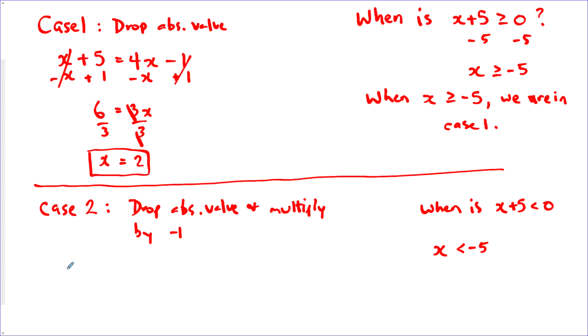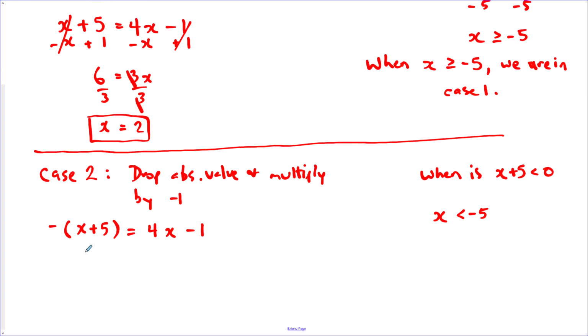Now, we just drop the absolute value brackets like we did before, but we need to multiply by negative 1. And that's because x plus 5 was returning negative, and we need to multiply it by negative to cancel that out so that it's positive again. Now we just need to do the algebra for this.